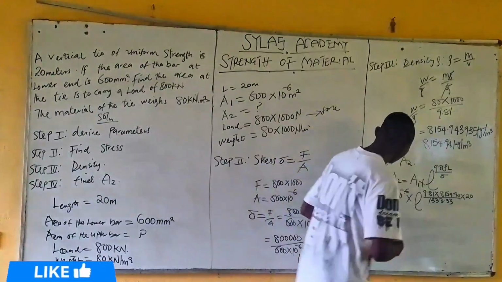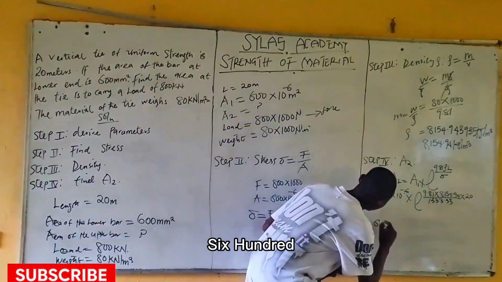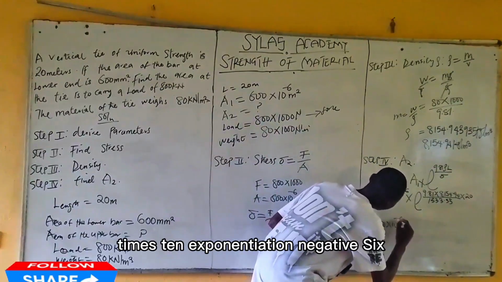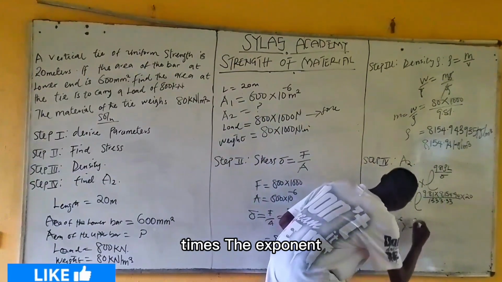Okay, now our calculator comes in. Now say that 600 times 10 exponential negative 6 times the exponent.